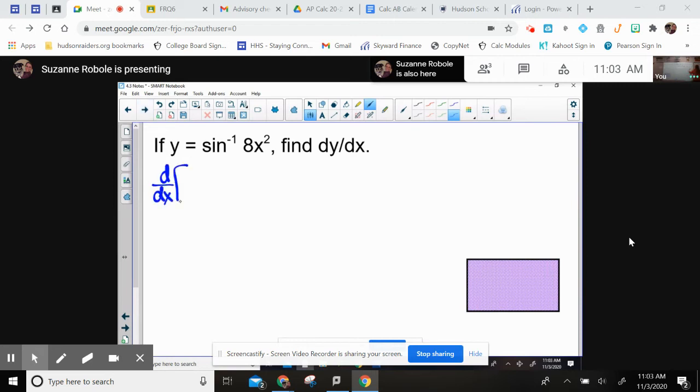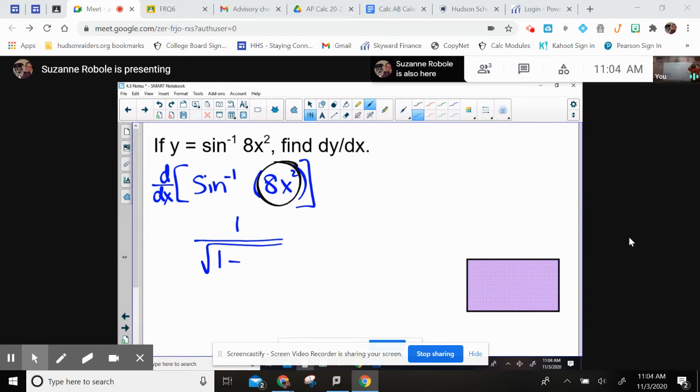If you're doing the derivative of arc sine, it's going to be 1 over square root of 1 minus u squared, and u is going to be this value in here, the inside part of the function.